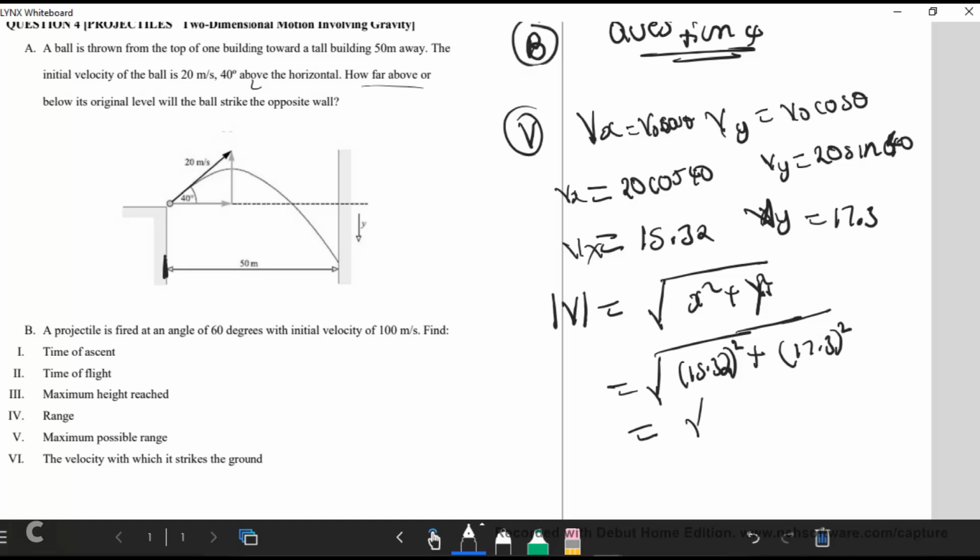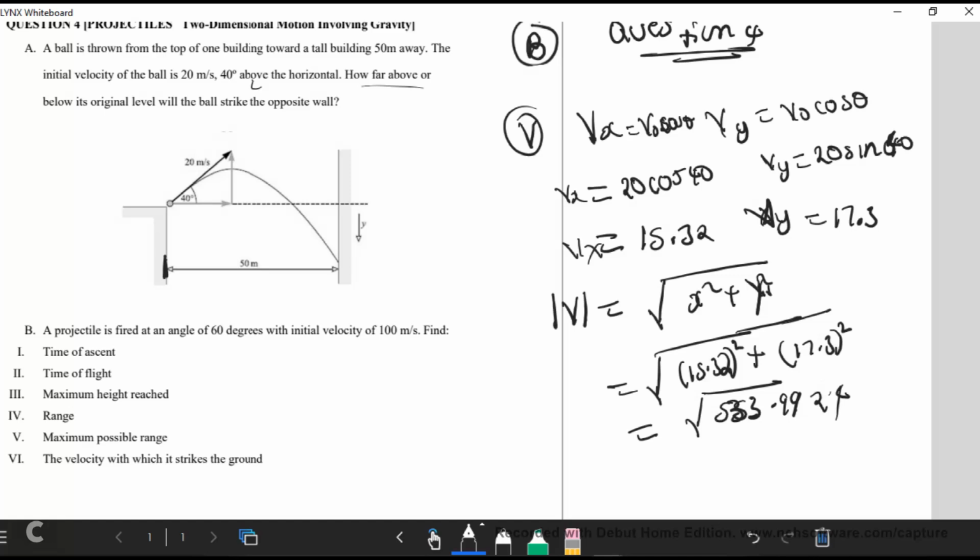So here it is the square root of 15.32 squared plus 17.32 squared. Let's find the square root of 533.99.